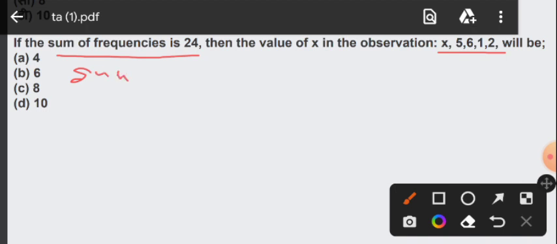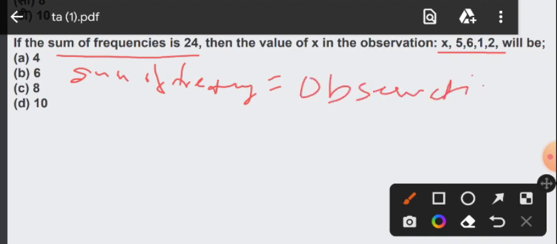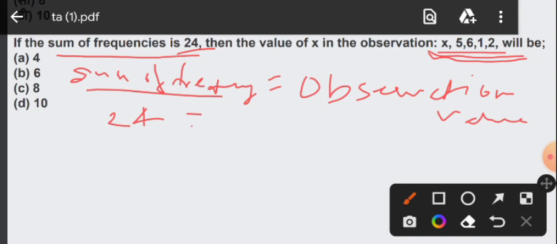sum of frequency is equal to observation value, right? This is the observation value. So the sum of frequency is 24, so we will write here 24, and the observation value is x plus, here we will sum it, right?